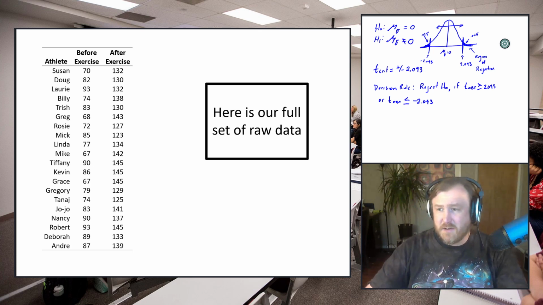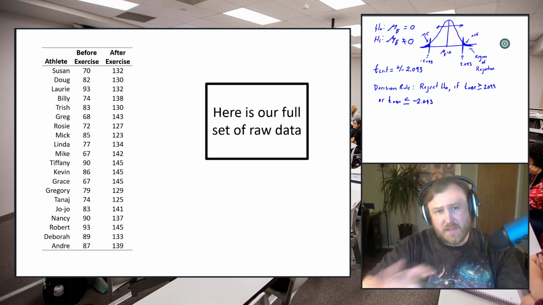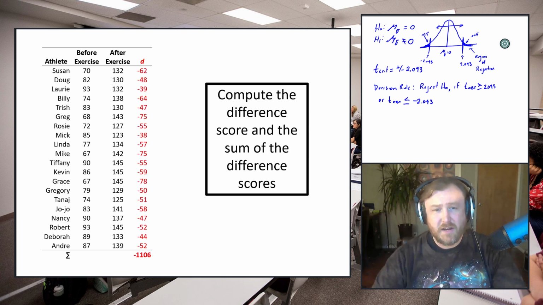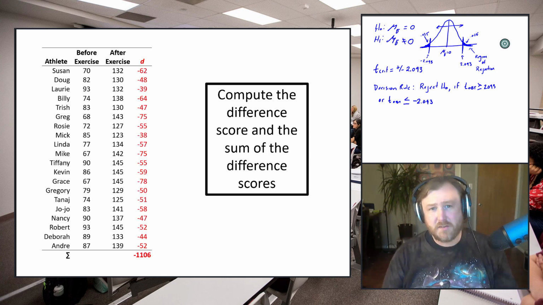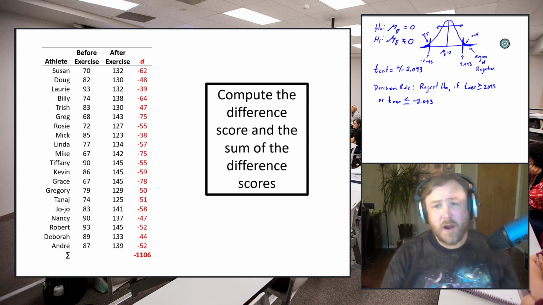And what we need to do next is we need to create a difference score. So this is a column where we compute the difference from before and after for each participant. And then after we compute those difference scores, we just sum them all up at the bottom.